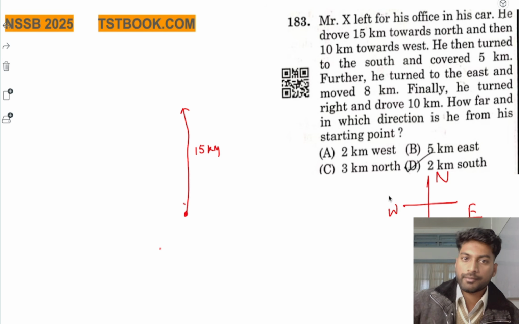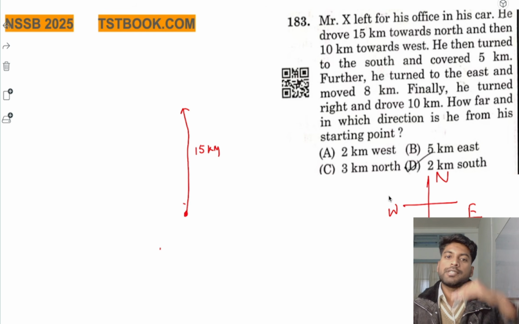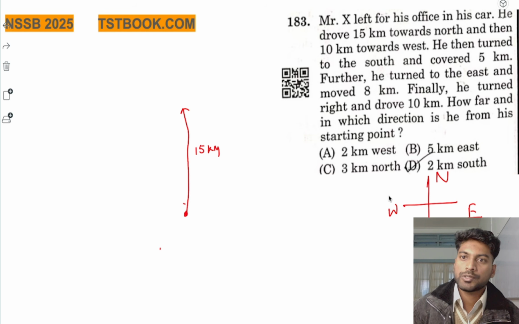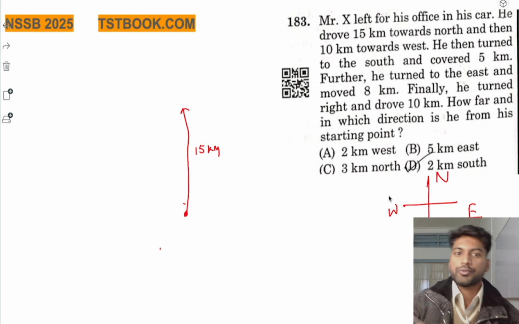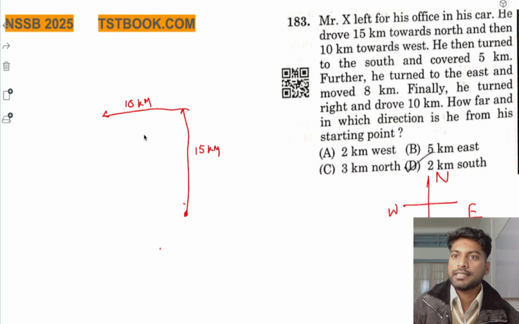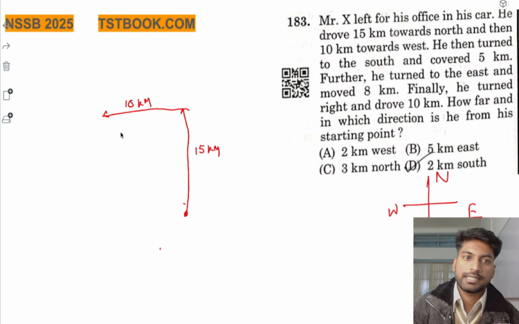So I'm going north, it means I'm going up on this display. So I'm going up 15, then 10 kilometers towards west. West means this side. So I'll be going 10 kilometers west. After that, he turned to the south and covered 5.